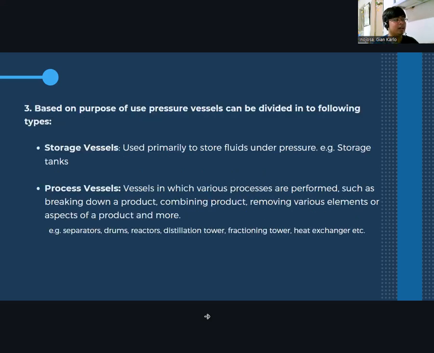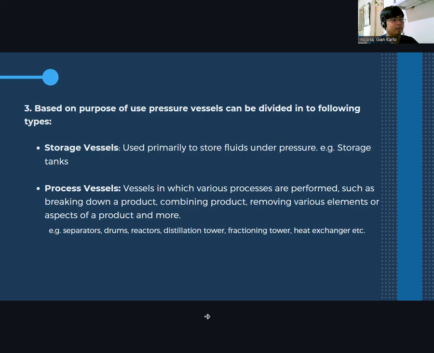Next is they can be classified based on the purpose of the pressure vessels. For example, if the pressure vessel is used primarily to store fluids under pressure, for example, a storage tank, this is what we call a storage vessel.